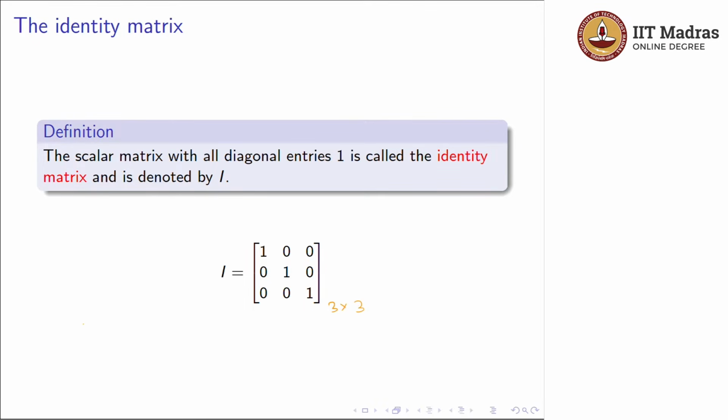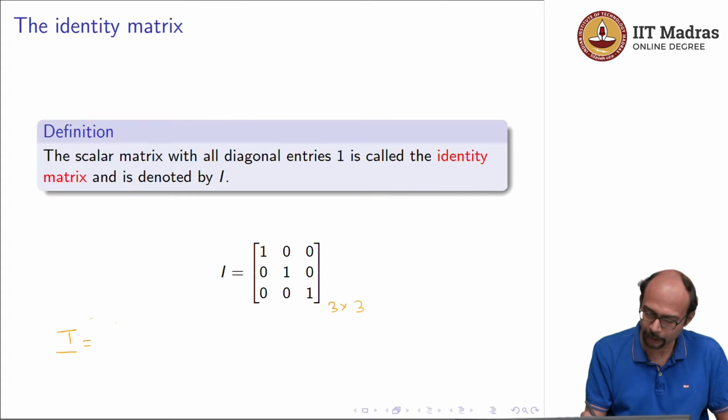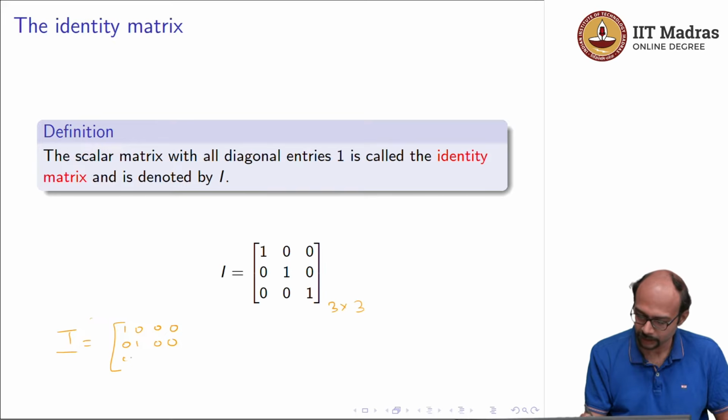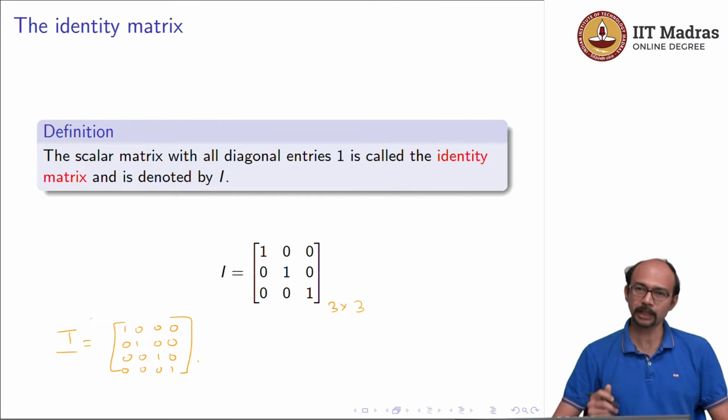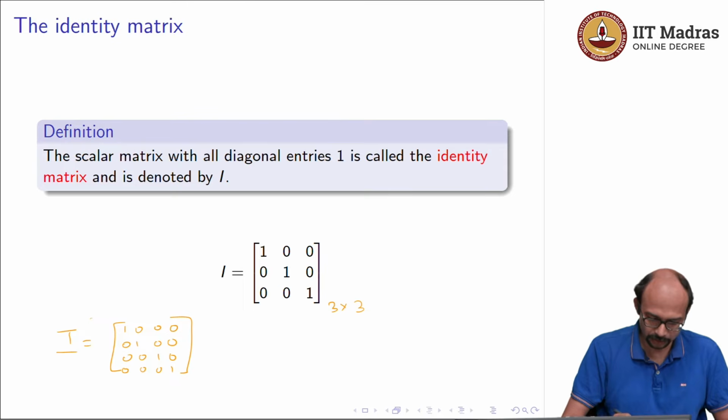If we are talking about a 4x4 matrix, then that will also be denoted by I, and we'll have 1 0 0 0, 0 1 0 0, 0 0 1 0, 0 0 0 1. So it depends on context as to which I we are referring to. In the given context, it will be clear what we mean by I, meaning how many rows and columns it has. But however many rows and columns it has, which of course is the same number, the diagonal must consist of ones. The only choice is how many rows and columns it has, which will be clear from the context. So these are the special kinds of matrices we wanted to look at.